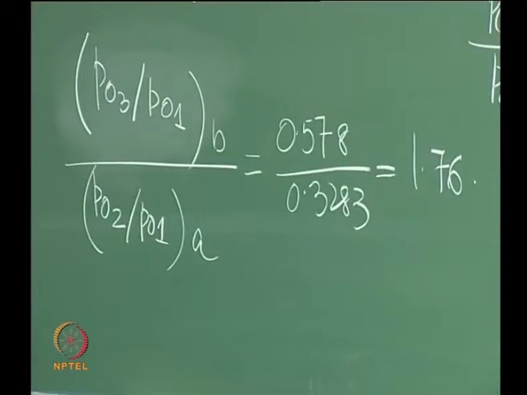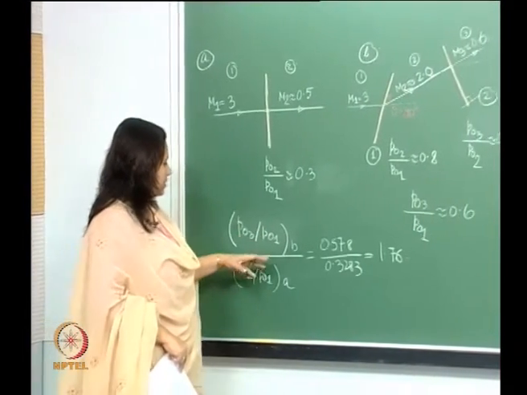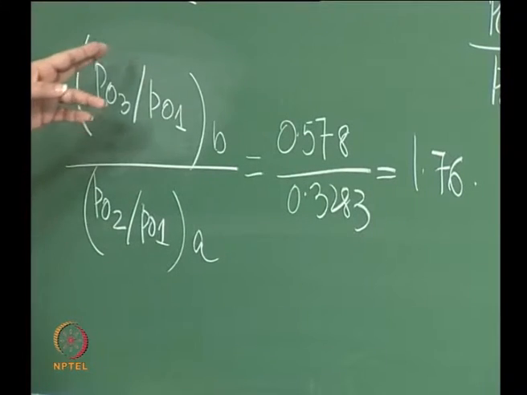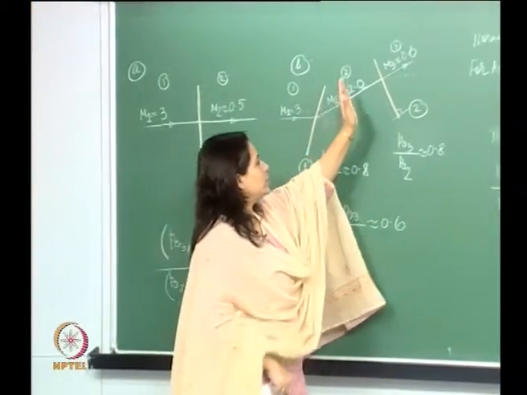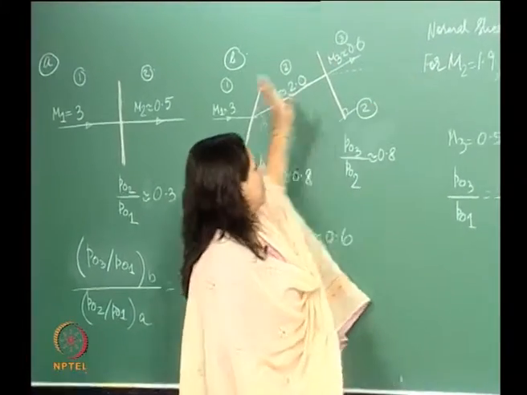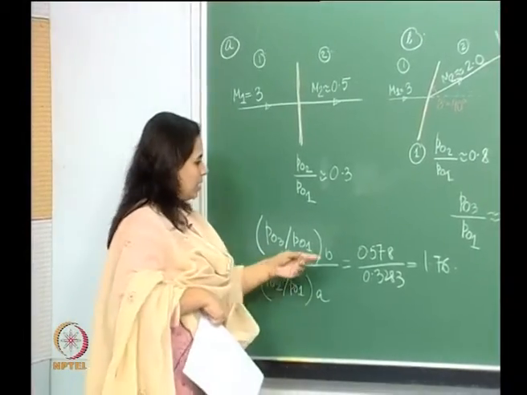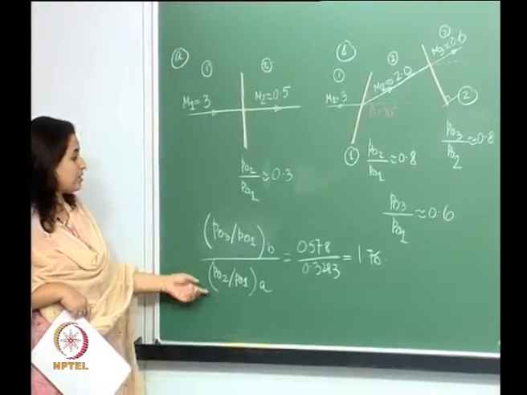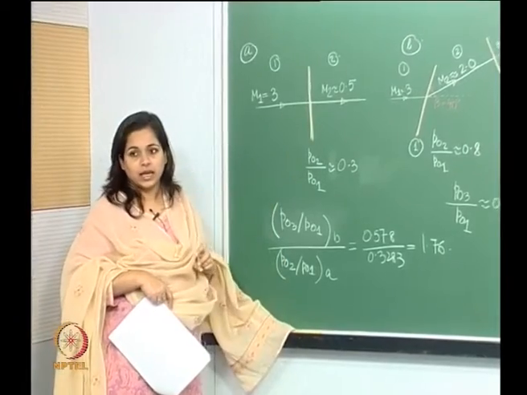Okay. So what you see is that the total pressure, right? If you look at this, the total pressure in case B, right behind, right here, after it has gone through this system of shocks, is basically 76% more than that of the pressure behind the normal shock here in case A, right.